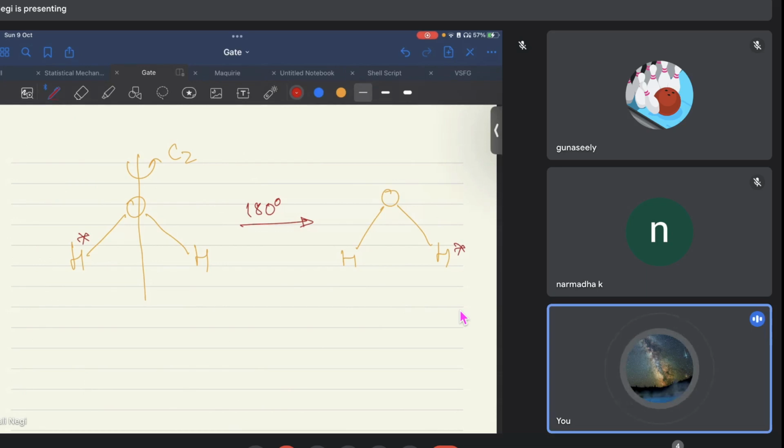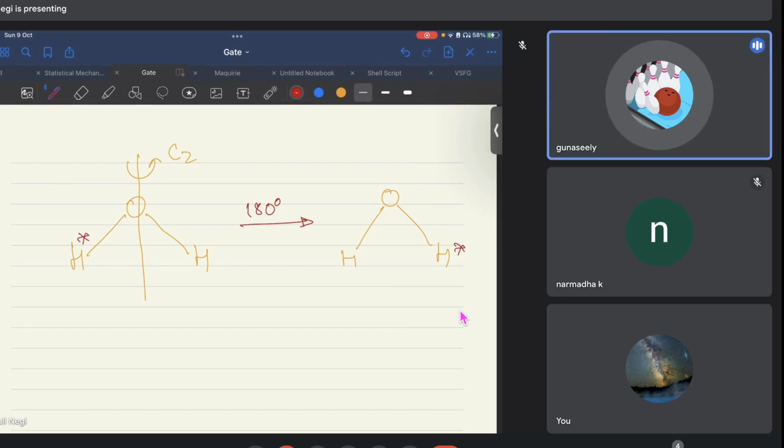I don't think it has the center of inversion. Gunasila, you said it will have, so where will it be? Opposite side the atom is present, but wait.